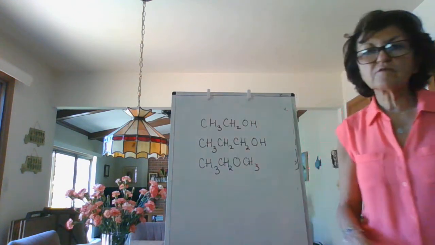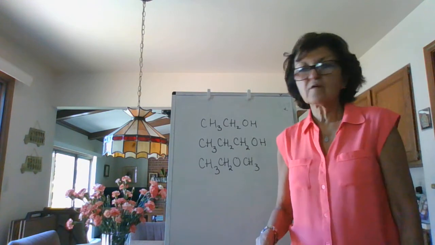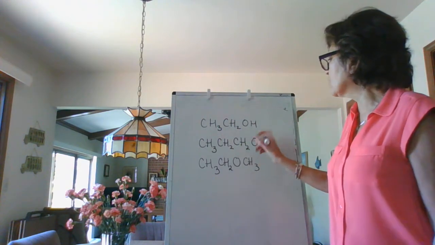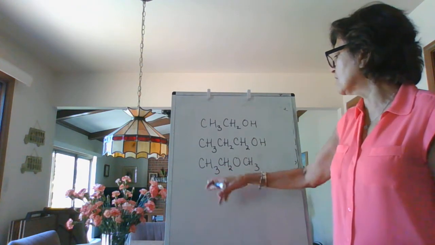So we have these three organic molecules. This happens to be ethanol, this is 1-propanol, and this is ethyl methyl ether.